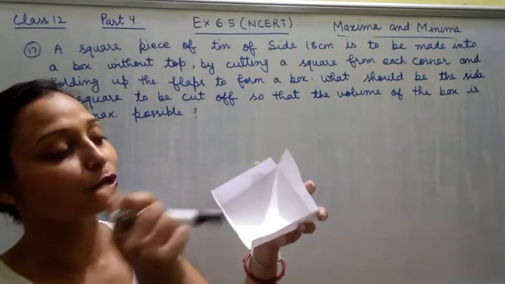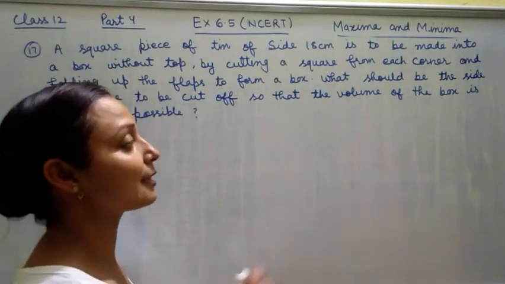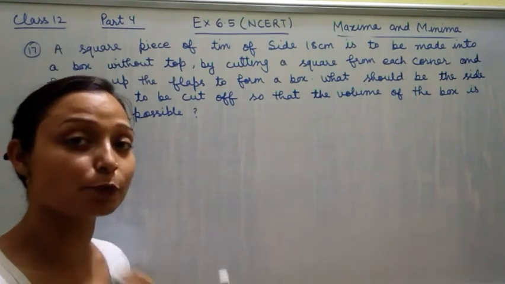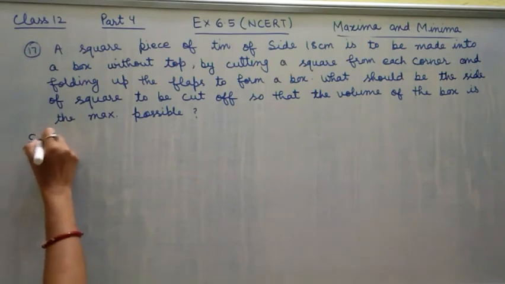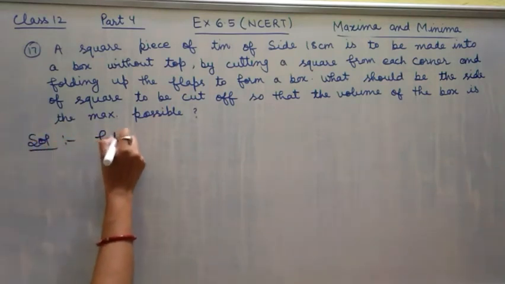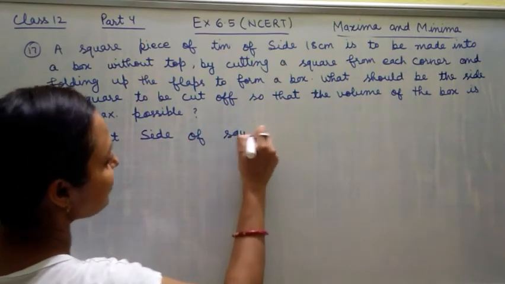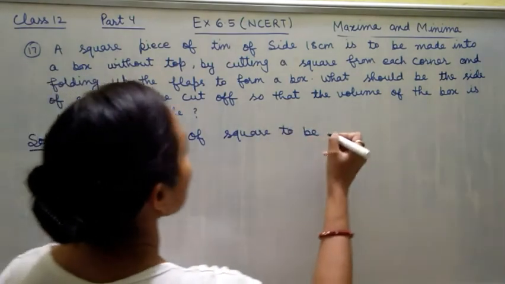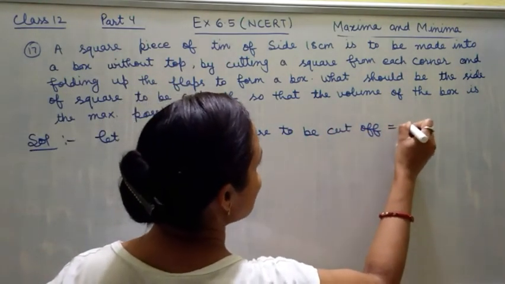If you want to show the volume becomes maximum, you have to suppose the side of the square to be cut off is equal to x, right?